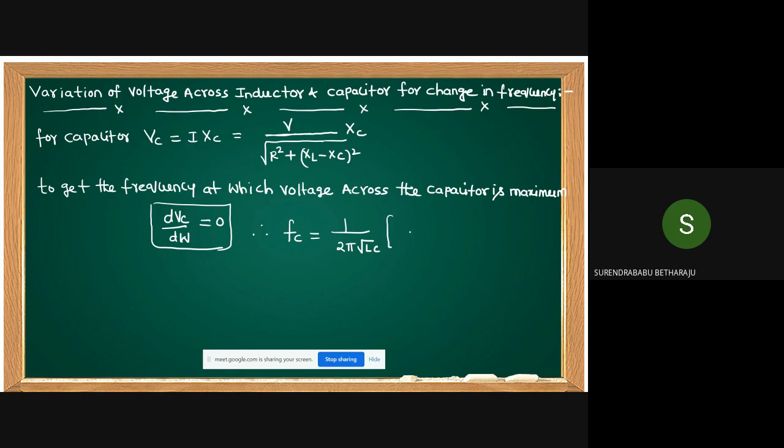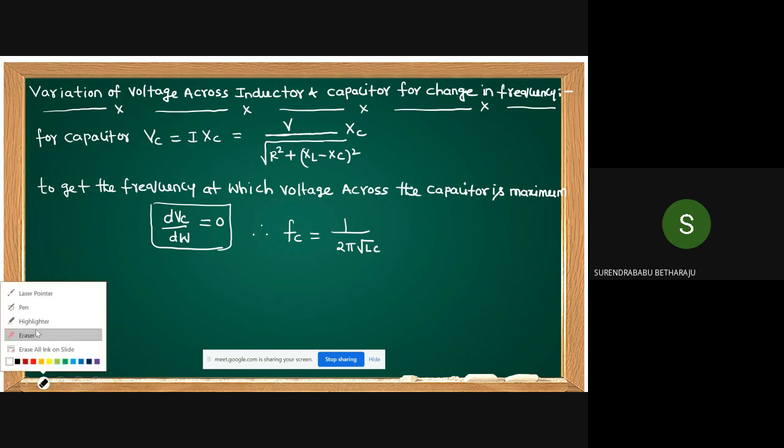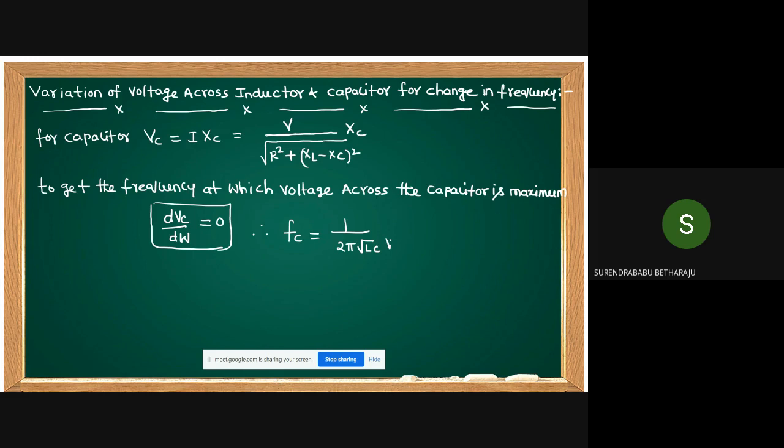Yes friends, 1 by 2 pi root LC into square root of 1 minus R square C by 2L.